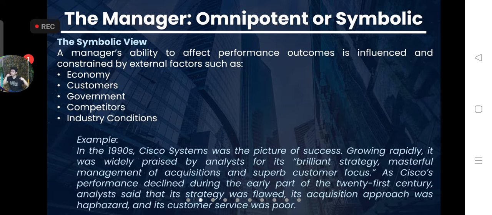So, if we analyze that situation, when Cisco Systems' performance went down, analysts blamed their acquisition strategies and customer service. So, in this view of management, we can determine that the actual part that managers play in an organization's success or failure is limited, since they are not directly responsible for the poor performance of the organization. So, next.